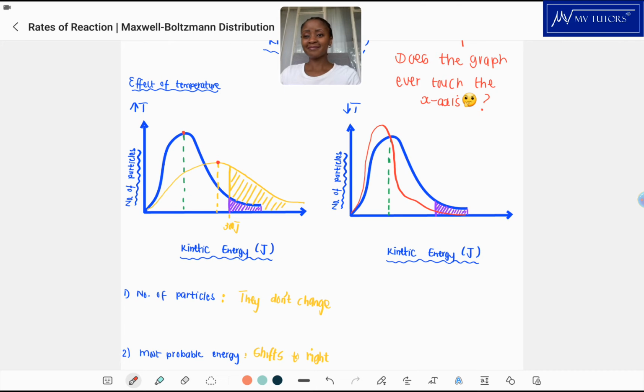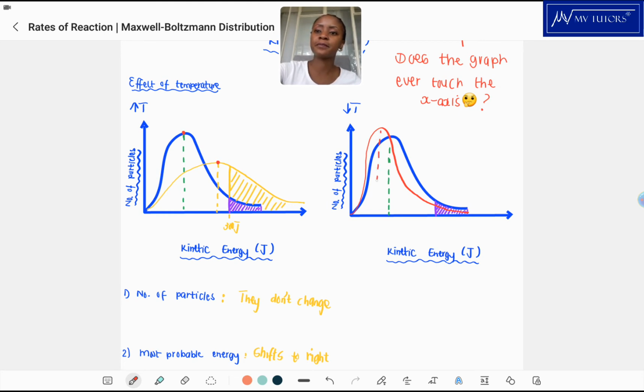Let me start again. Okay, I think that's better. So now when you decrease the temperature, your most probable energy shifts to the left.